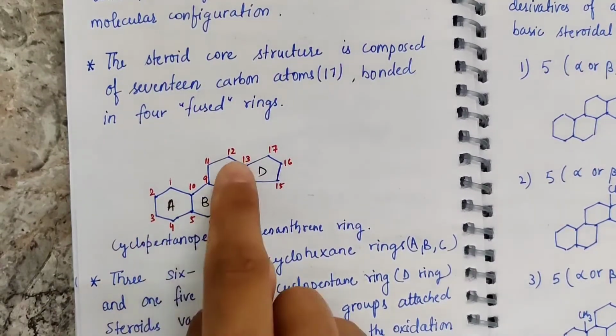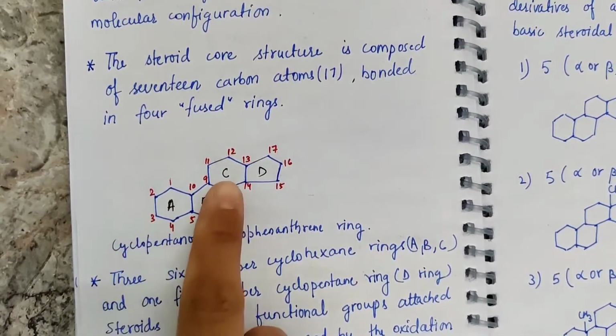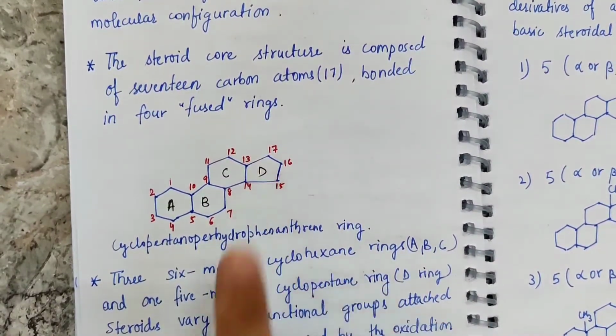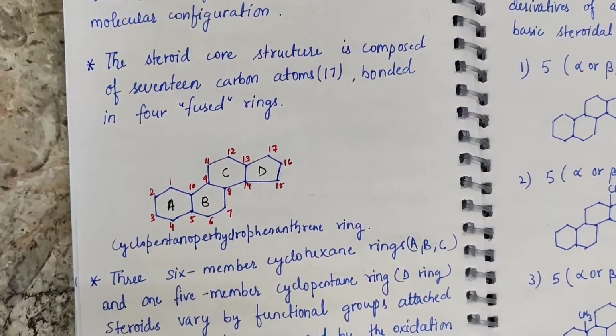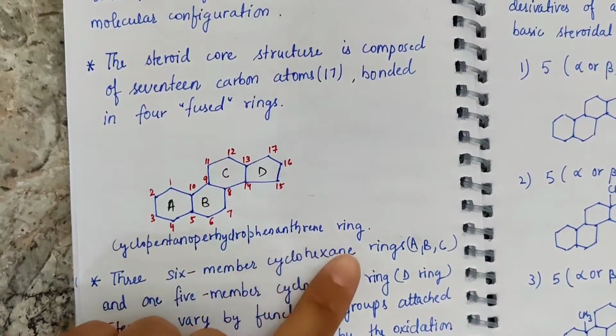and these three rings, A, B, C, are arranged like those of anthracene, and then a 5-membered ring is attached to it. So the core structure of the steroid has 17 carbon atoms, cyclopentaperhydrophenanthrene ring.